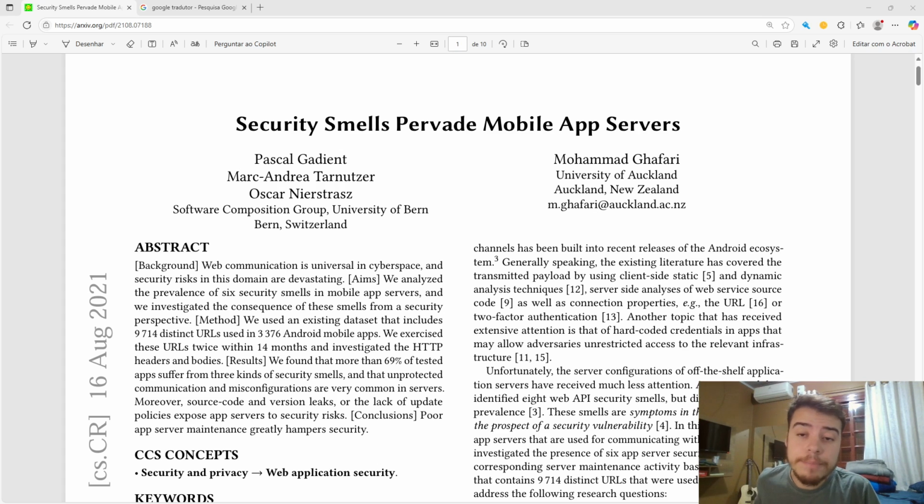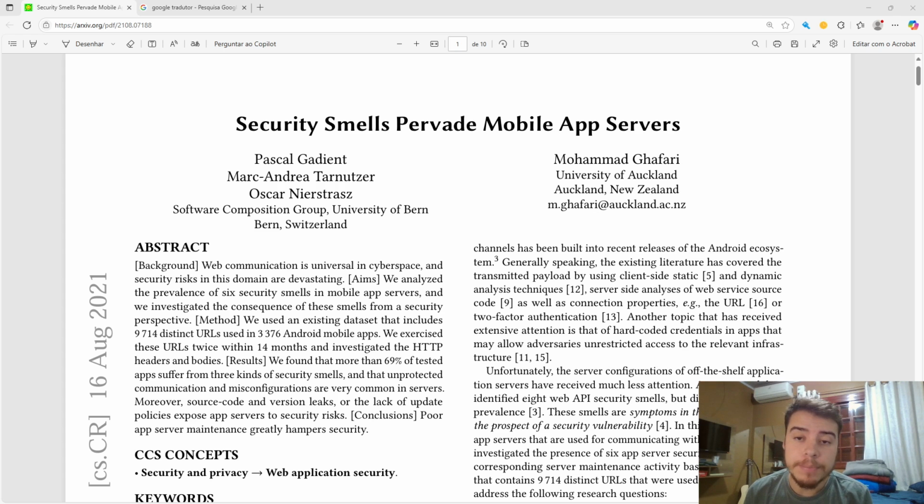So this is the paper that I mentioned, and this is the title: Security Smells Pervaded Mobile App Servers. Here are the researchers, and like in the last video that I posted on the channel, which was about another paper, the focus of the researchers was Google Play apps.